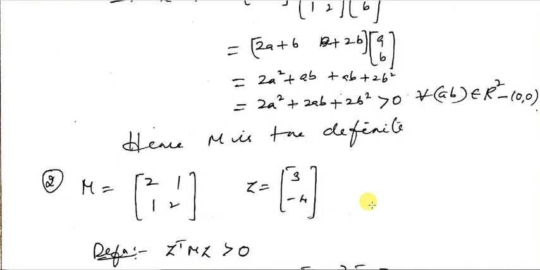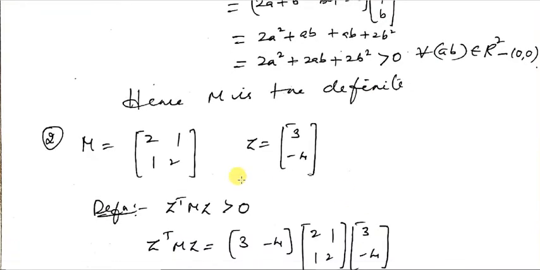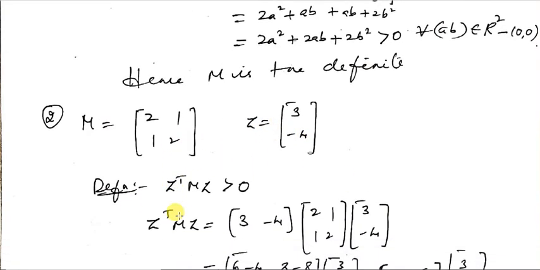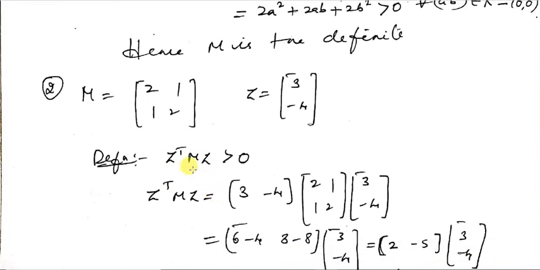Let me take one more example. Let M be a matrix of order 2 cross 2 and Z a column matrix. Then computing Z transpose MZ, we get the transpose of Z. Substituting all the three matrices, we get 3, minus 4, transpose of Z, into the matrix M, 2, 1, 1, 2, into the column matrix Z, 3, minus 4.